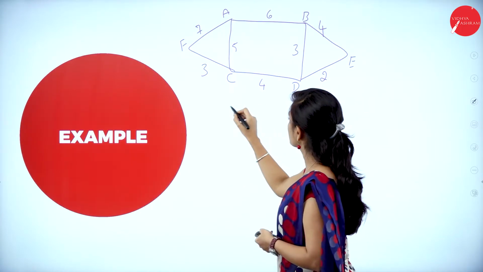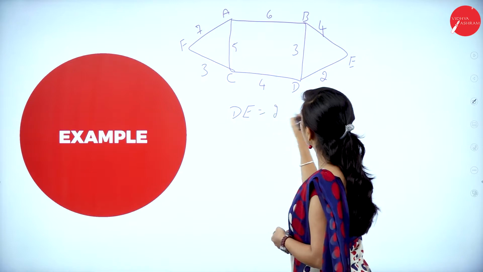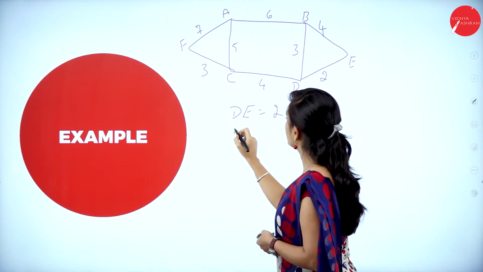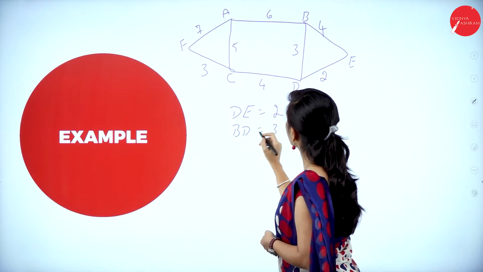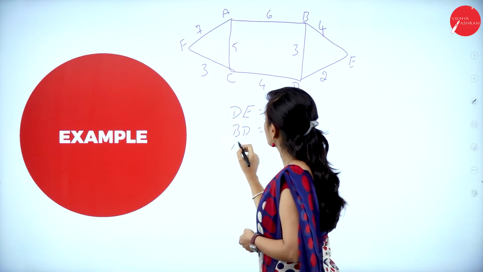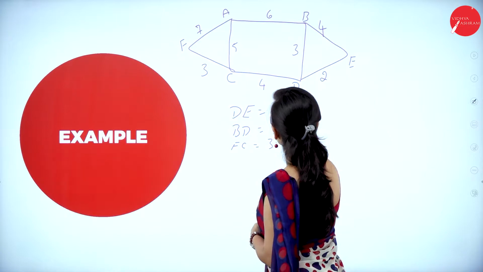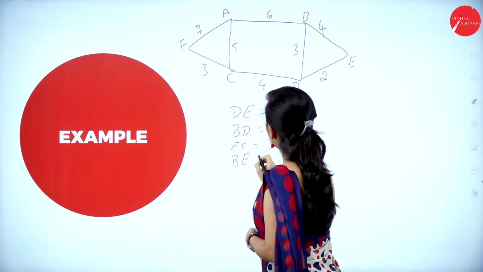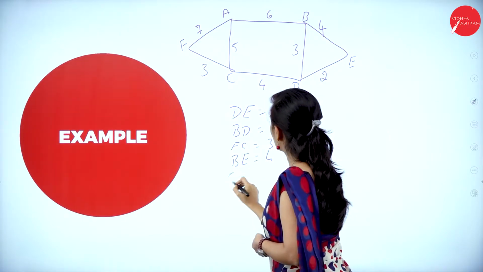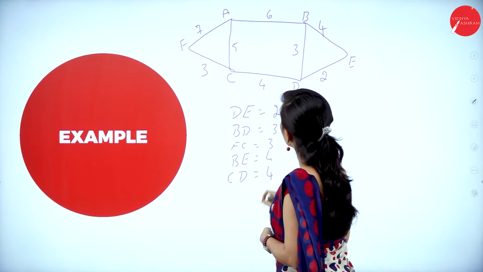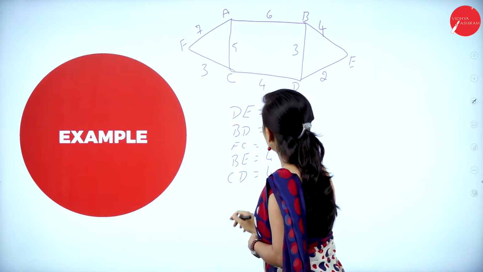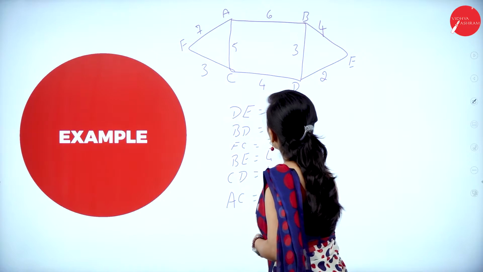So the least is DE, DE is equal to 2, and the next least is BD, BD is equal to 3, and FC or CF is equal to 3. And the next least is BE, BE equals 4, and CD equals 4. The next least is 5, AC equals 5.